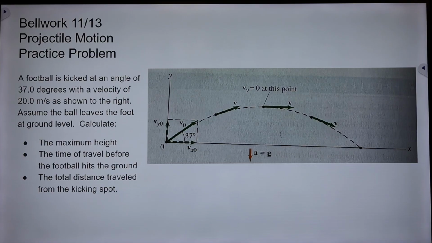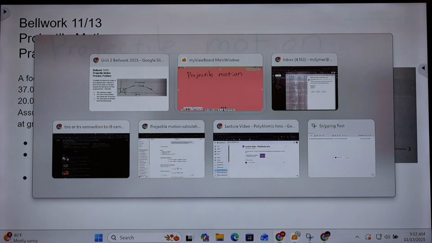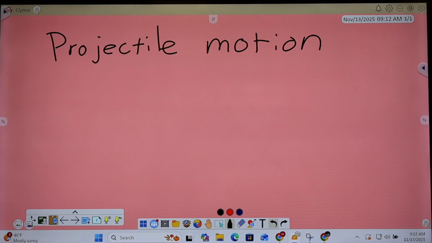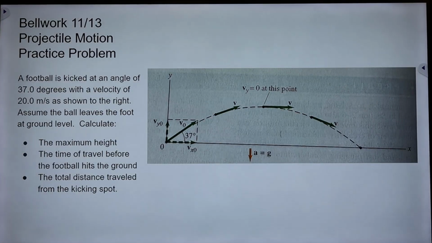Everybody got the details of this in their notes? Okay, so let's get a blank screen so we can start. Oh, wait, too soon. Maybe next time I print this out and hand it out. Someday I'll be good at this.